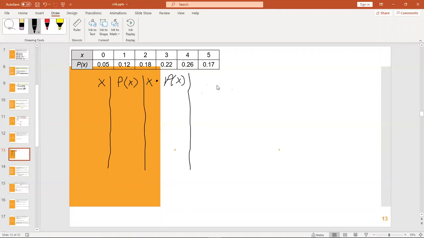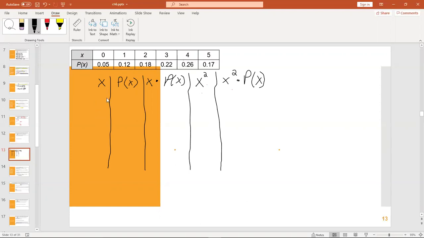And then after that, we're going to put x squared times p of x.